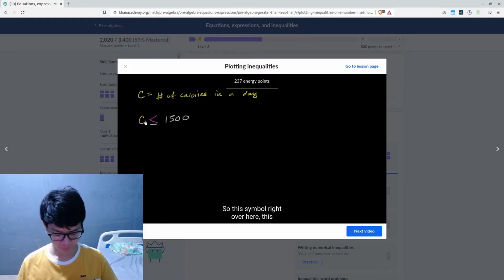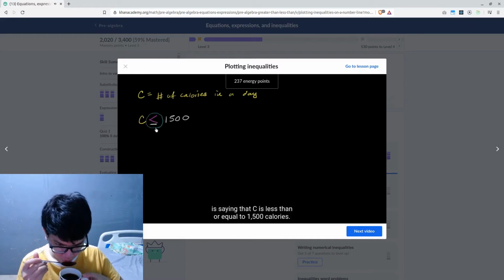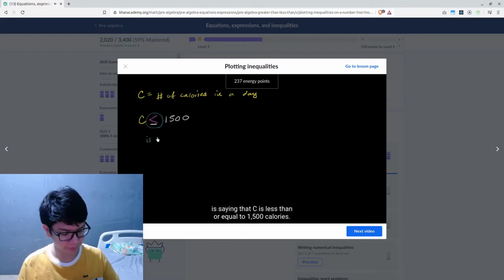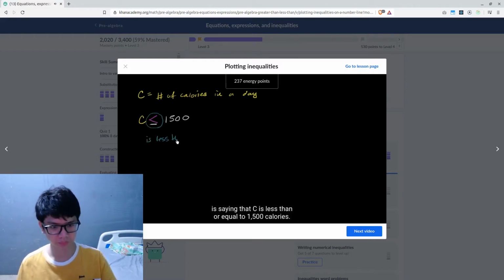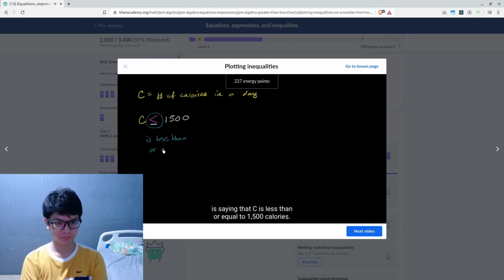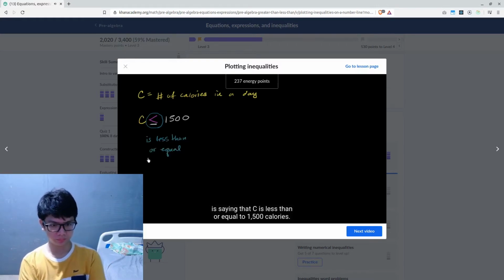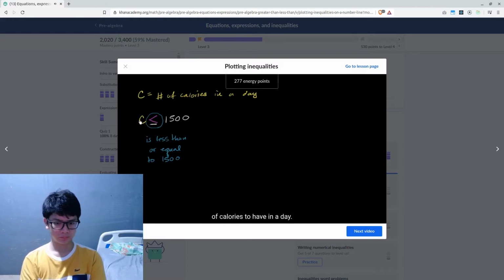So this symbol right over here is saying that C is less than or equal to 1,500 calories. So now 1,500 would be a completely legitimate C, a completely legitimate number of calories to have in a day.